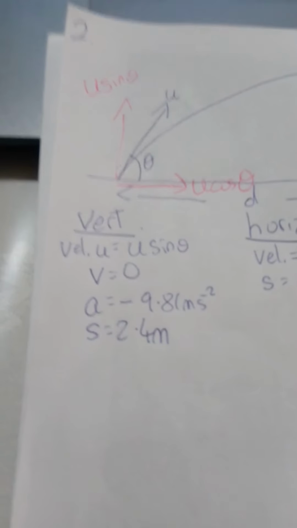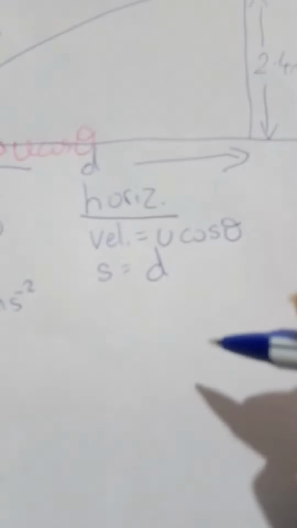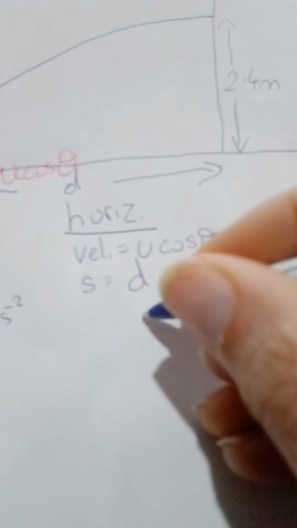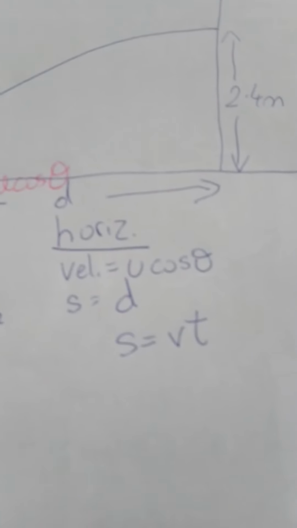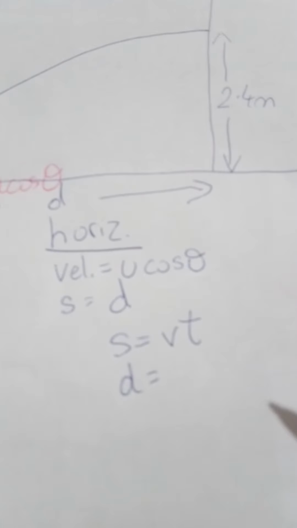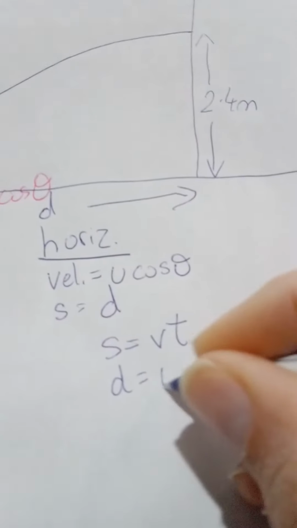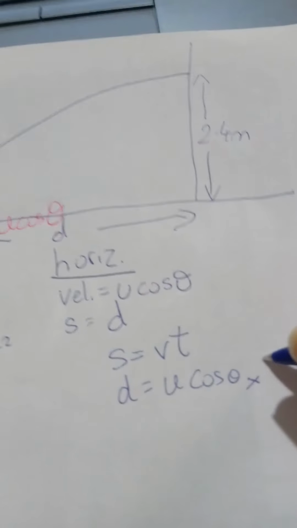Now, I'd like to make a bit of an arrangement first. With the horizontal information, we can say s equals vt, distance equals velocity times time, and distance is d, velocity is u cos theta, multiplied by the time.